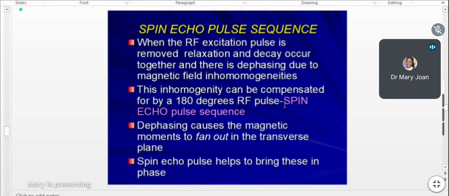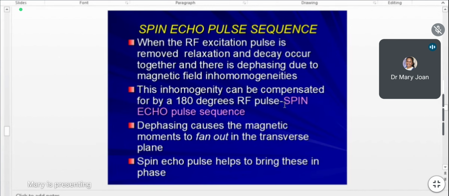So the spin echo pulse sequence is when the RF excitation pulse is removed, relaxation and decay occur together, and there is dephasing due to magnetic field inhomogeneities. So here you can see the same thing. Whatever differences in the magnetic field inhomogeneities is what we are aiming at, then we have to do the spin echo pulse sequence.